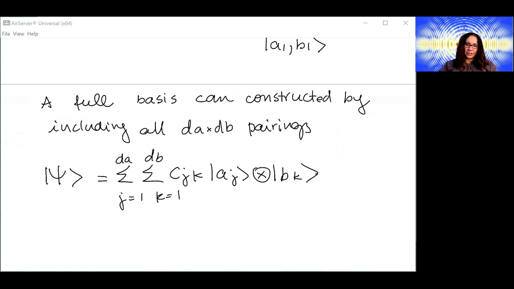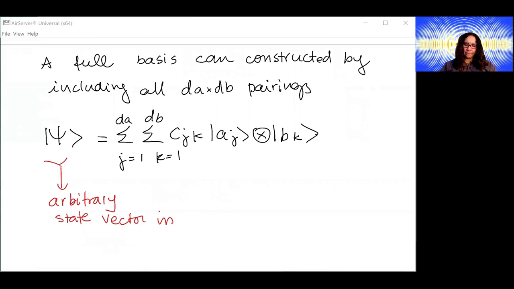So this is just, you remember, an arbitrary state vector in the compound state space. And as we defined in the first lectures, this has to be a weighted sum. Here you also see this has to be a weighted sum.